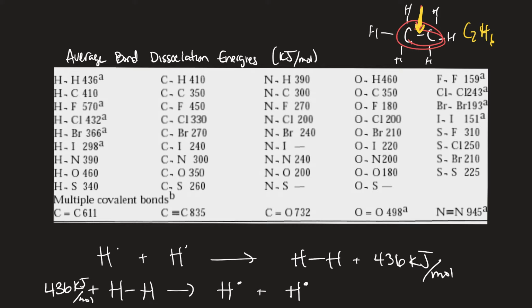Remember, in all exothermic reactions, energy or heat is released as a product. In all endothermic reactions, energy or heat is a reactant, so you need it in order for the reaction to take place.